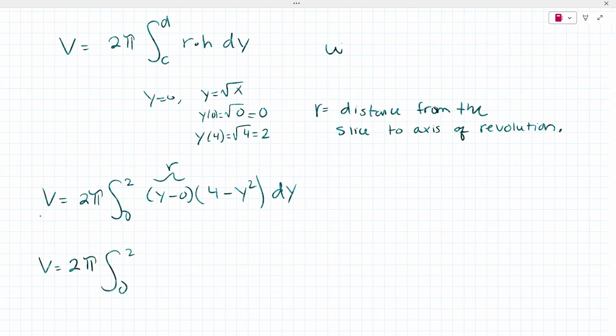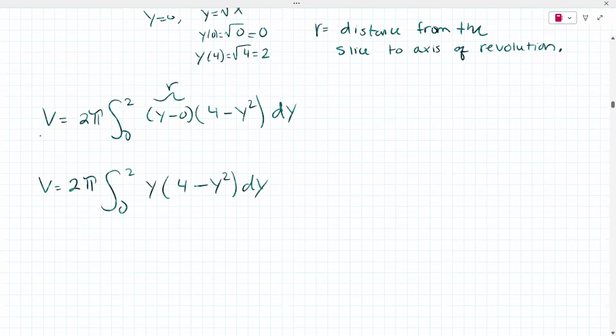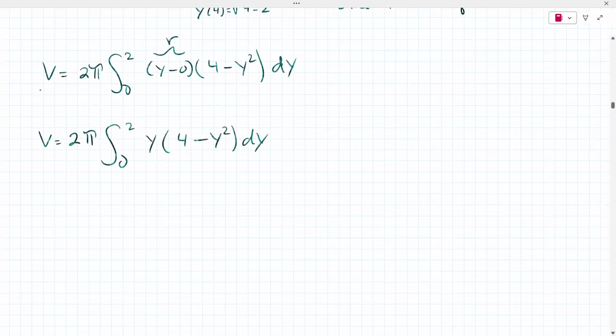This is easy. What's y minus 0? y times 4 minus y squared dy. So V equals 2 pi, integral from 0 to 2. Then distribute the y. y times 4 is 4y. y times negative y squared is negative y cubed dy.